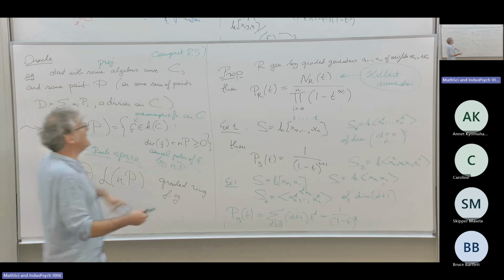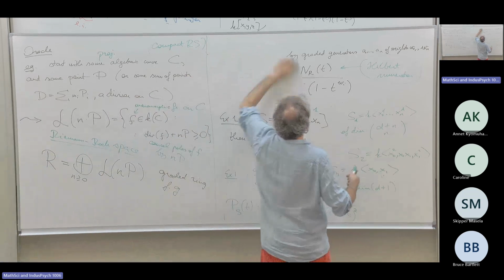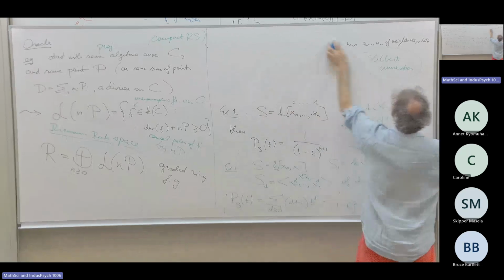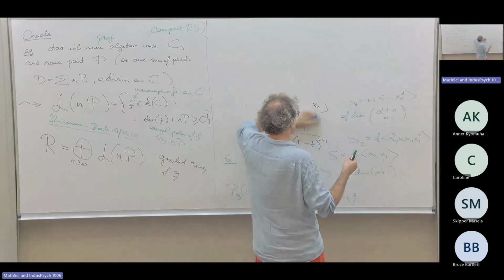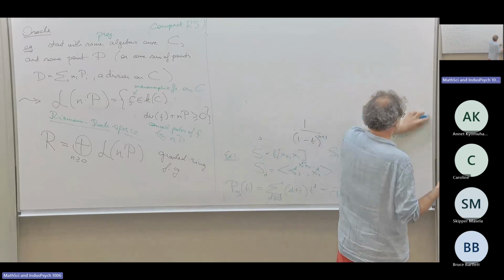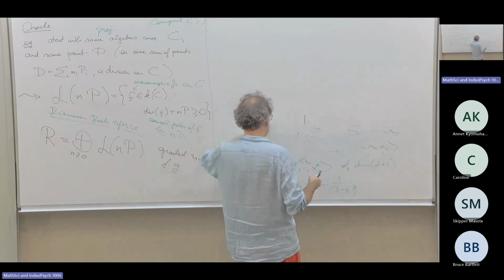And then who is telling me the dimensions? The dimensions are coming from the Riemann-Roch formula plus vanishing. So there is quite a lot of algebraic geometry hiding in these oracles.